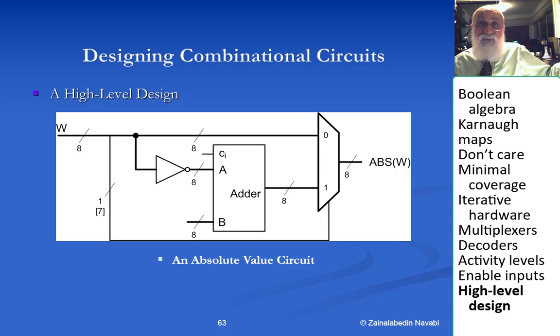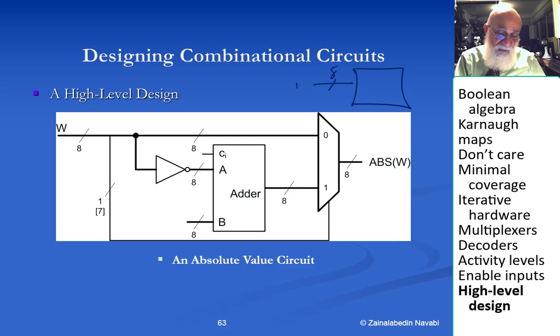Let's say that someone has asked you to build a circuit that creates the absolute value of the input on the output. The input W is 8 bits, the output is 8 bits.